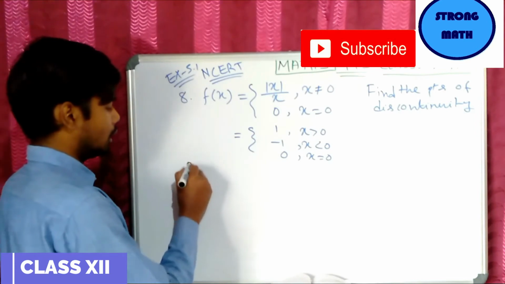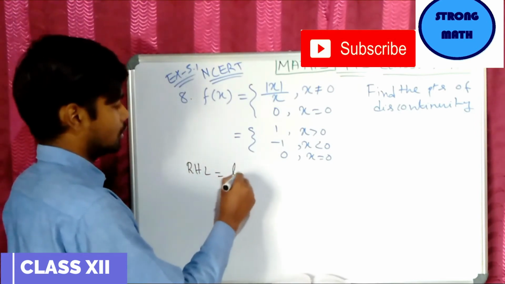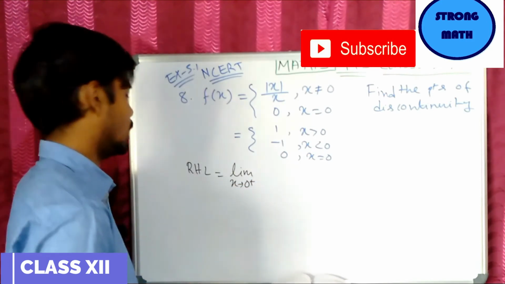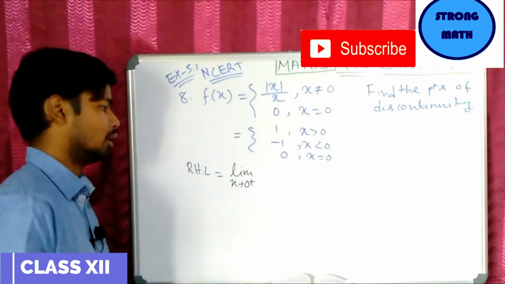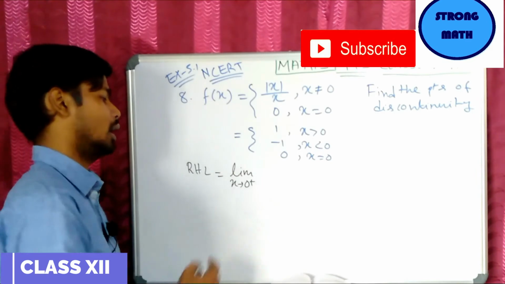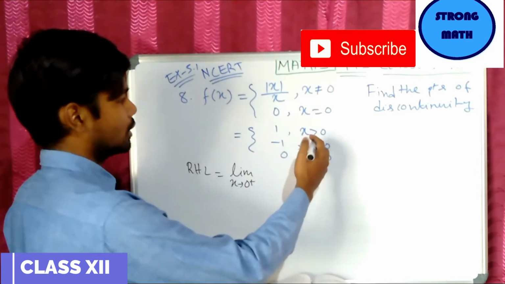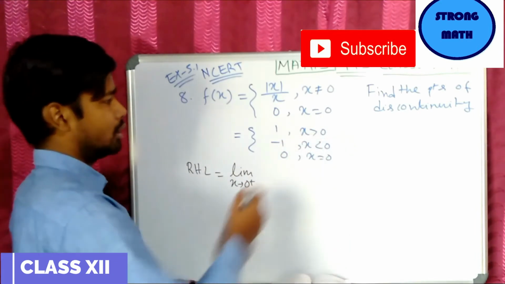So calculate the right hand limit. Limit x tends to 0 plus. Why are we checking the limit at x tends to 0? Because the function is broken at the point 0.